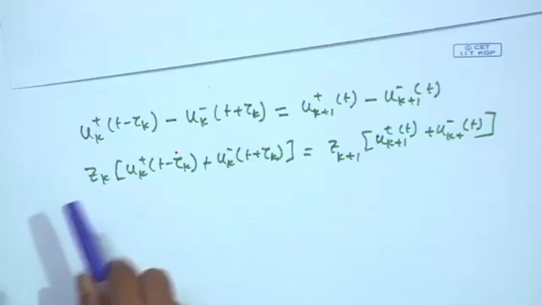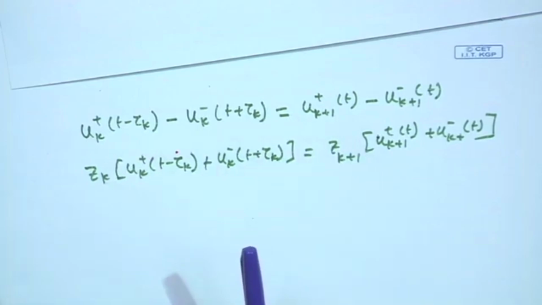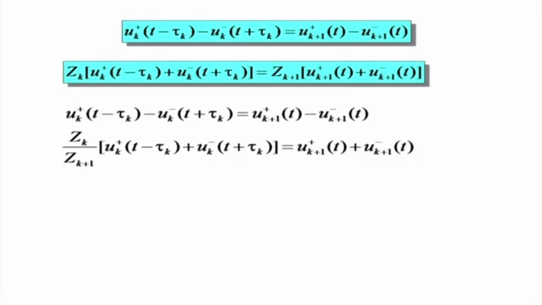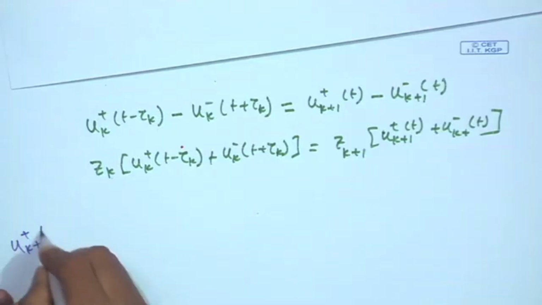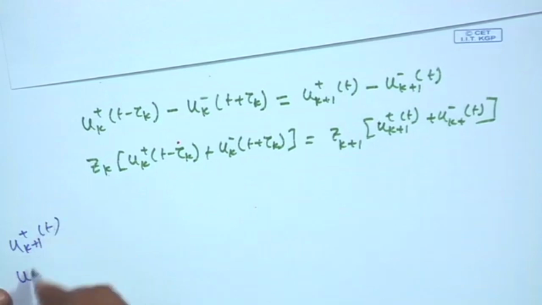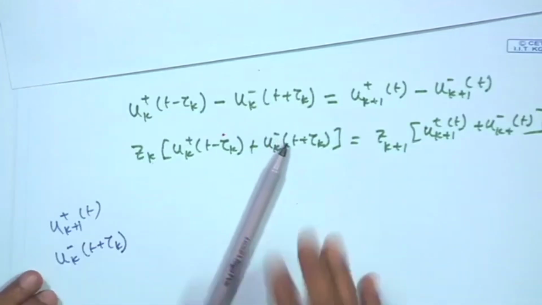If it is that, then can I solve these two equations? I have to find out u k plus t and u k plus 1 t and u k minus t plus tau k, the expression for the reflected backward wave at the kth tube and the expression for the forward wave at the k plus 1 tube.